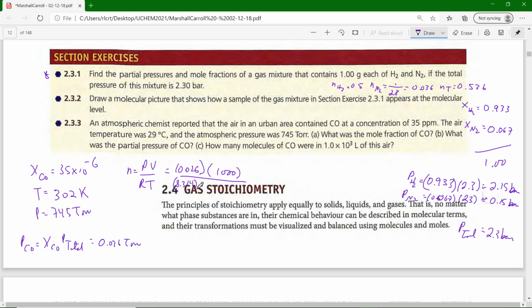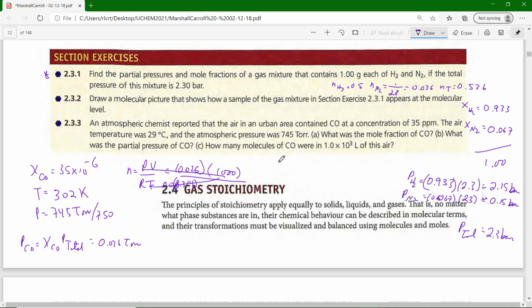And no, I'll use 0.08314. 745 torr out of 750 point. Oh no, no, that's okay. Let's see here. Let's start again.